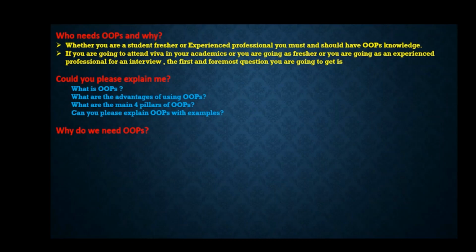The prerequisite for OOPS is that you must have at least basic knowledge. You should know what is a class, what is an object, what is a method, what is a parameter or argument, whatever arguments we pass to the method, and what is the return type.